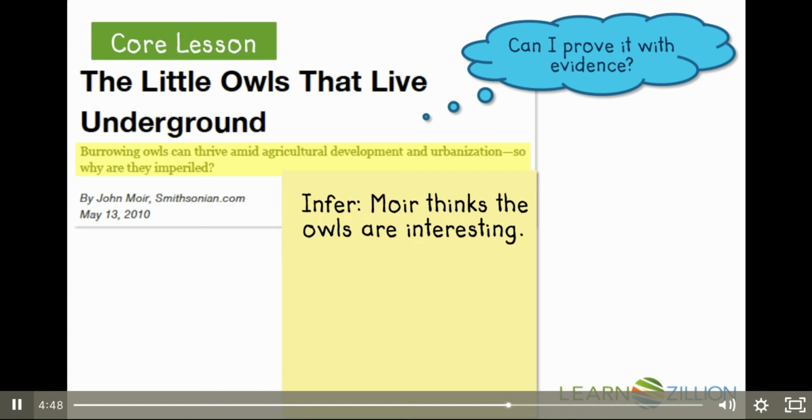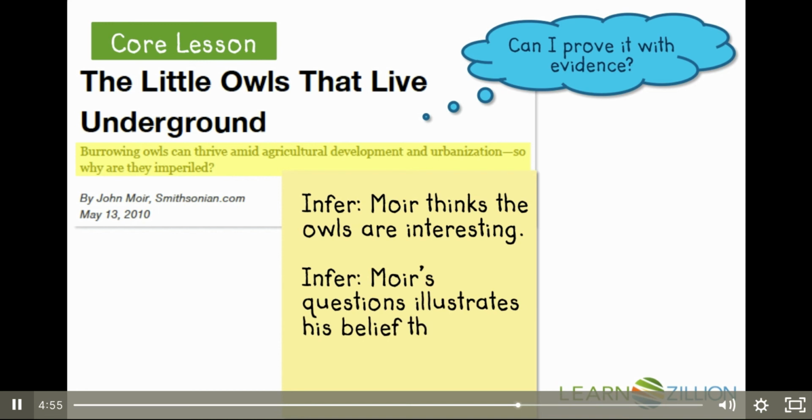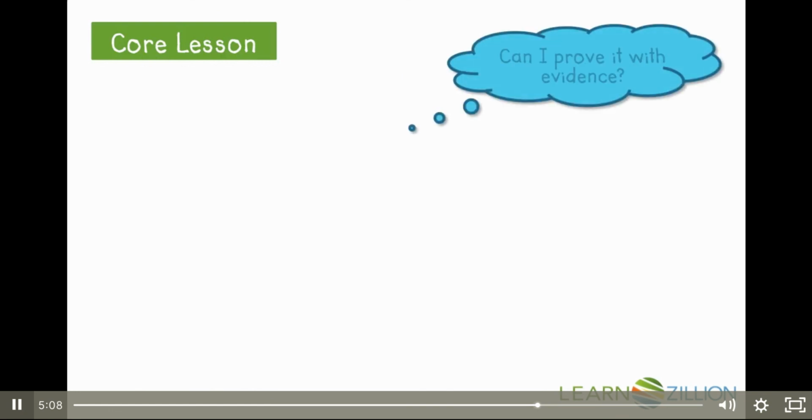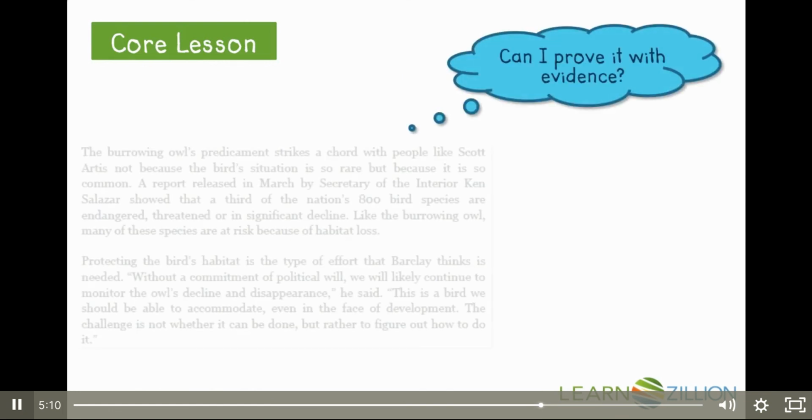Using that word thrive implies a degree of interest. And I can also infer that Moyer's question illustrates his belief that the owl is both worth saving and can be saved. He's asking, why are they imperiled? What's the problem here? So I can infer that he thinks they're important and he thinks they should be saved.